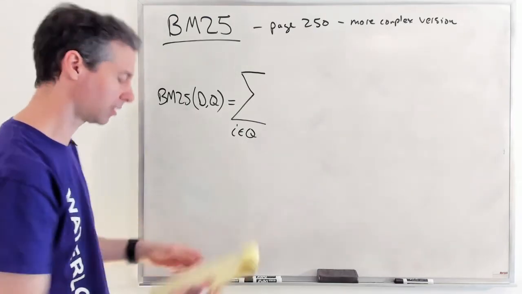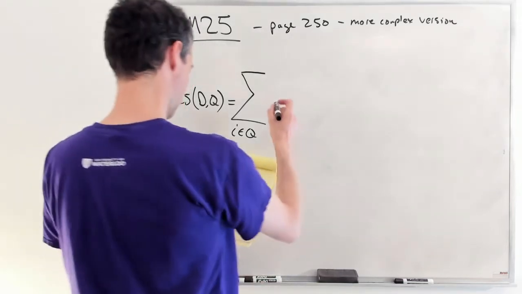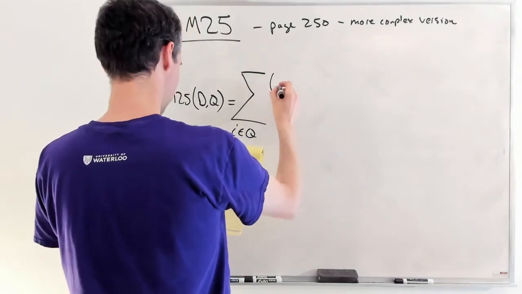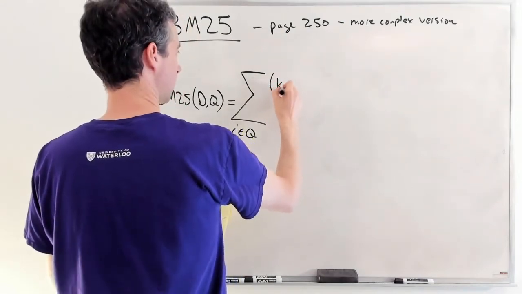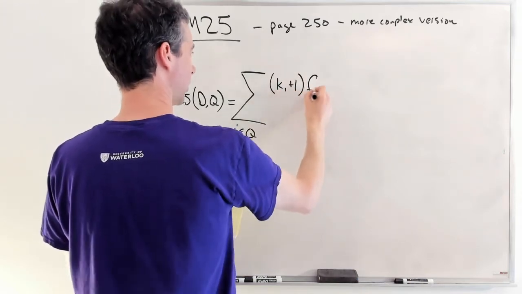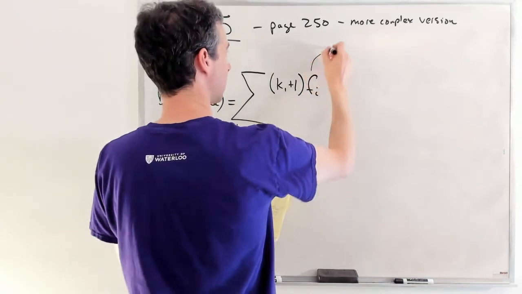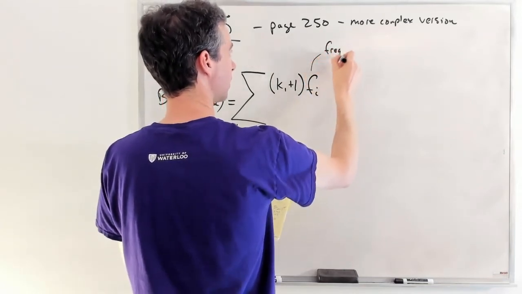All right. So how does this work? As follows. We're going to have some constants, K1, plus 1 multiplied by f sub i. f sub i is the frequency.